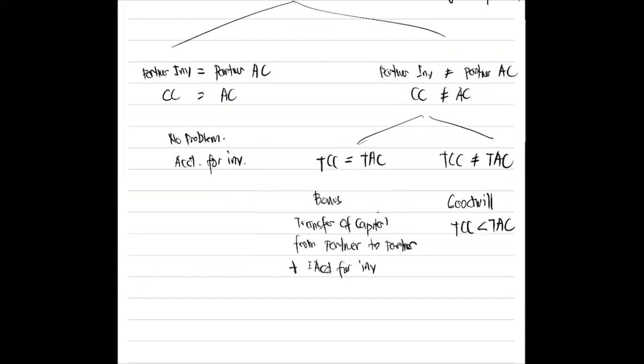So why do we mean goodwill? Because again, there is an excess. This is only the amount you contributed, and this is the amount of agreed capital. Next, we have your total contributed capital is greater than your total agreed capital. This happens if in case there must be an additional withdrawal by the partners.